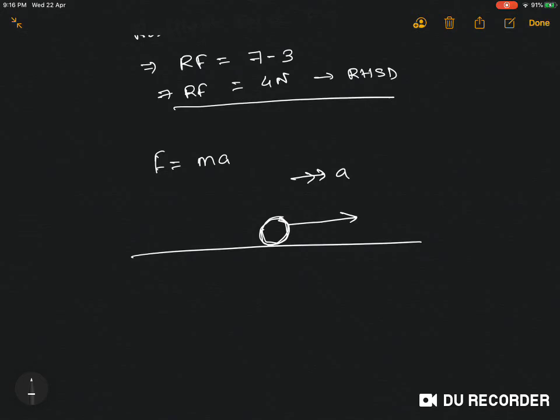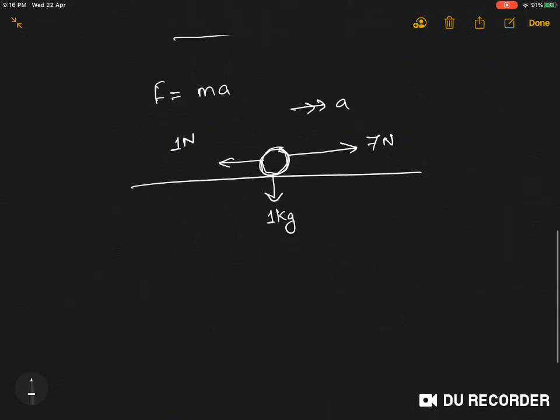On the right hand side direction it has a force of 7 Newton, and on the left hand side it has a force of 1 Newton. Since this particle is accelerating, and I know the mass, let's say the mass is 1 kg.